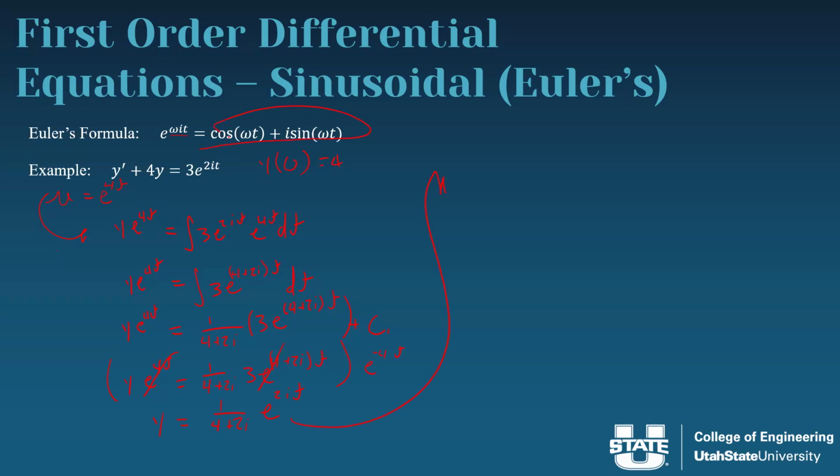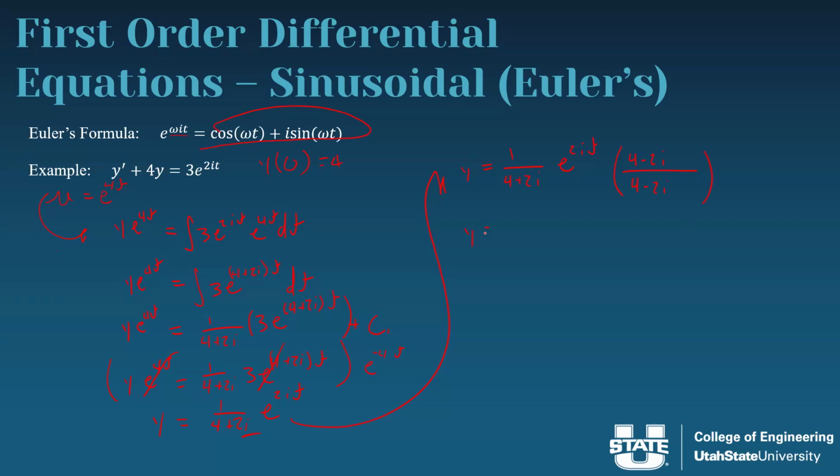But actually, before we do that, we don't want i's on the bottom of our fraction. So let's complete the square to get rid of the i on the bottom. So we would have y is equal to 1 over 4 plus 2i e to the 2it, and then we want to multiply by 4 minus 2i, top and bottom.